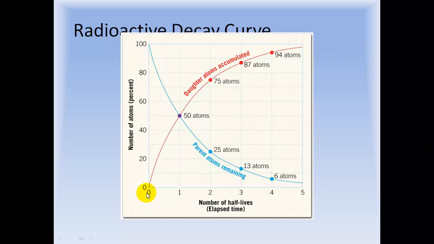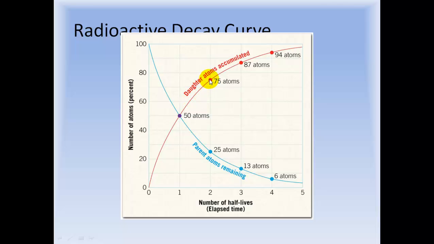Here we have our number of atoms that we start out with, that's the radioactive isotope, and we don't have any daughter atoms. As time goes by, we have more and more daughters and less of the parent. When we get to a 50-50 mix, that is 1 half-life. So half of the parent material has become daughter material.